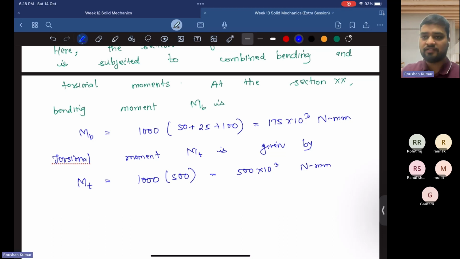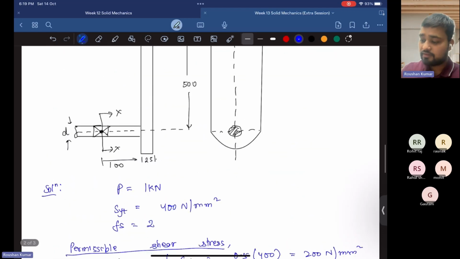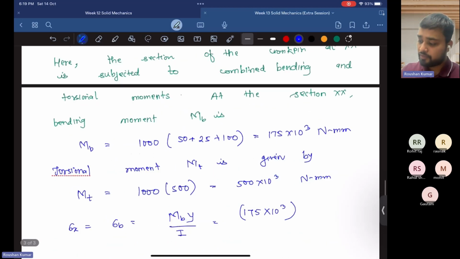The torsional stress is nothing but shear stress. So first we will calculate the bending stress about x-axis, which is given by the bending formula, MB y upon I. Here MB is calculated above, so it's 175 into 10 to the power 3. And y here is the distance from the centroid to the top of the surface, that is d by 2.